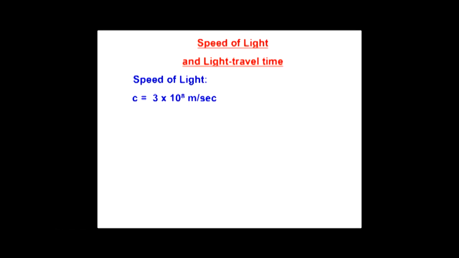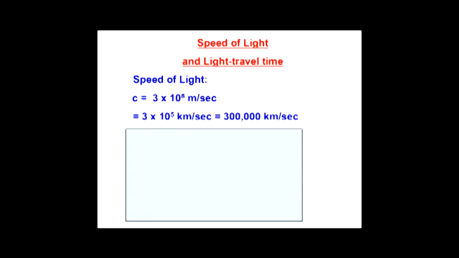See my laser pointer? When I turn it on and shine it on the wall over there, when I press the button, the beam of light travels at 3 times 10 to the 8 meters, or 300,000 kilometers each second. So when I press this button, the beam seems to hit the wall instantly. That's how fast light is. You can write it as 300,000 kilometers a second. You can do various calculations. How far does light go in a year?